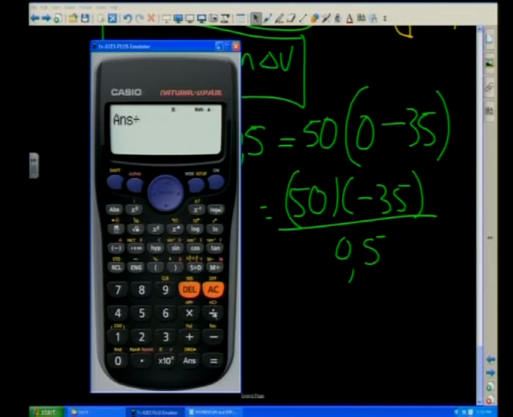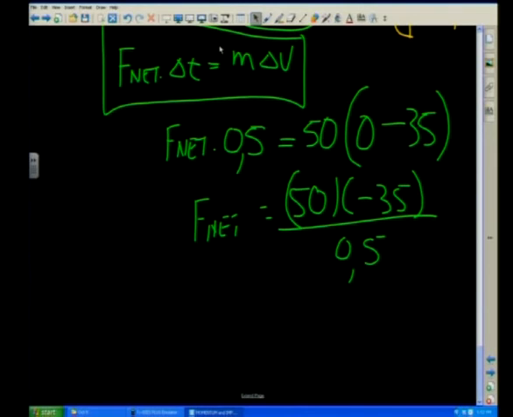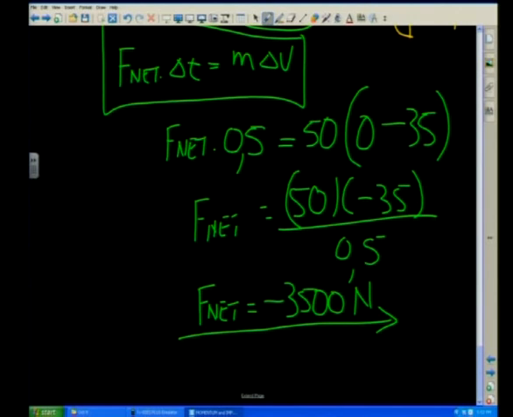We divide it by 0.5, and we get an answer of minus 3,500. So my net force comes out to be minus 3,500, and because it's a force, it's measured in newtons.